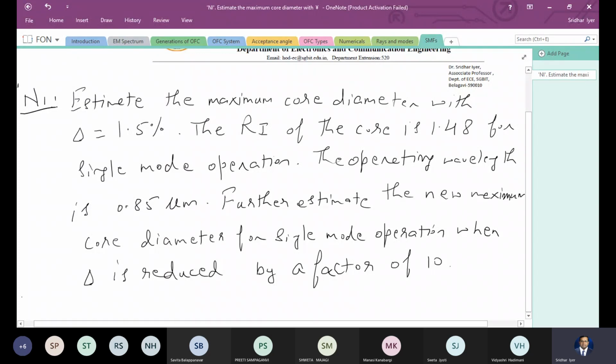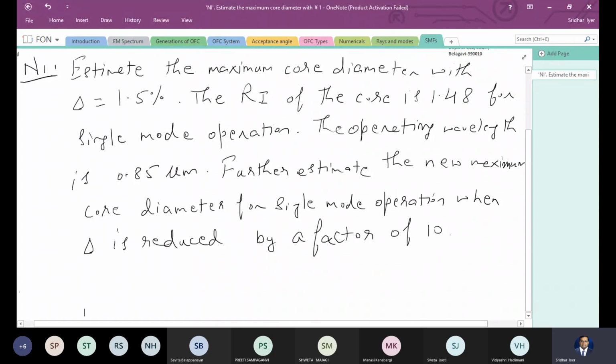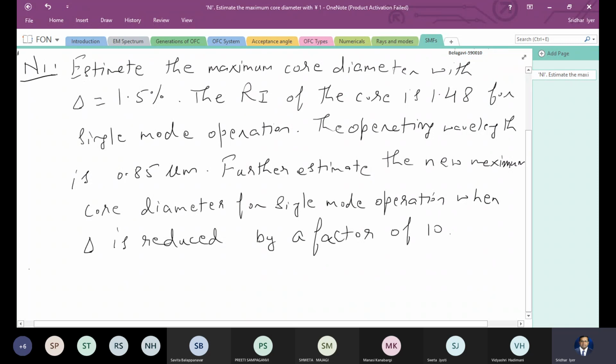So in the first part, it says estimate the maximum core diameter with delta equal to 1.5%. So the solution goes like this. What we are given is delta, which is 1.5%. The refractive index of the core is 1.48. That means n1 is 1.48.